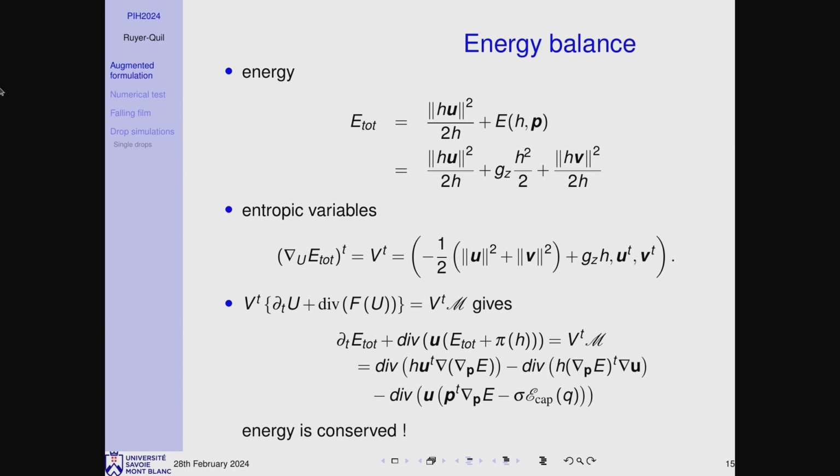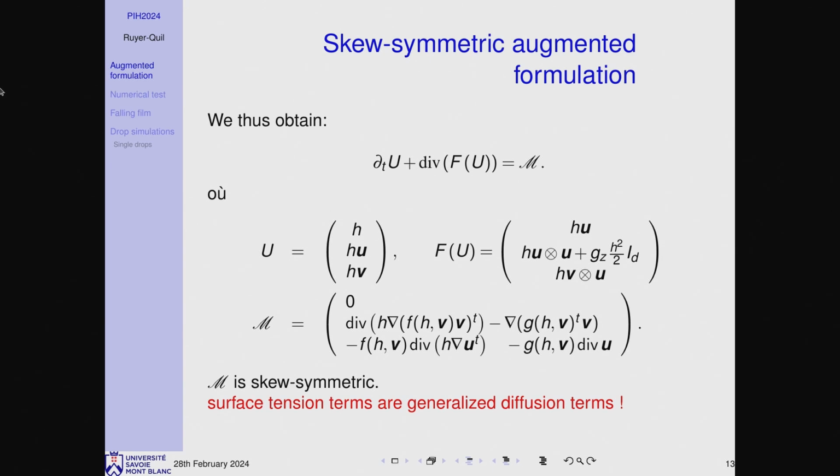We multiply the equations of motion by these entropic variables, and we integrate, and we get this evolution equation for the total energy. And you can see that this total energy is conserved because it is the divergence of a flux, basically. And it's true because these two terms can be written this way due to the fact that in the primitive formulations we have symmetric terms here.